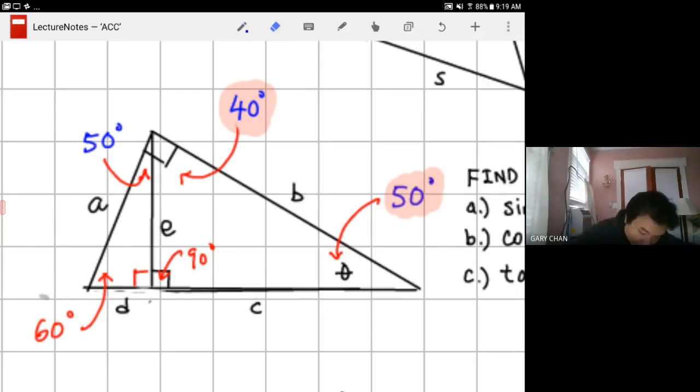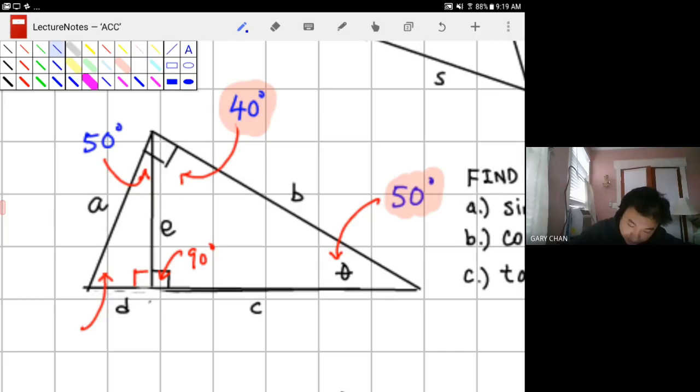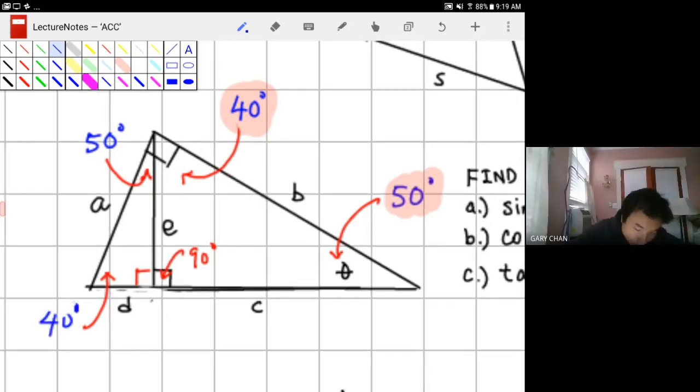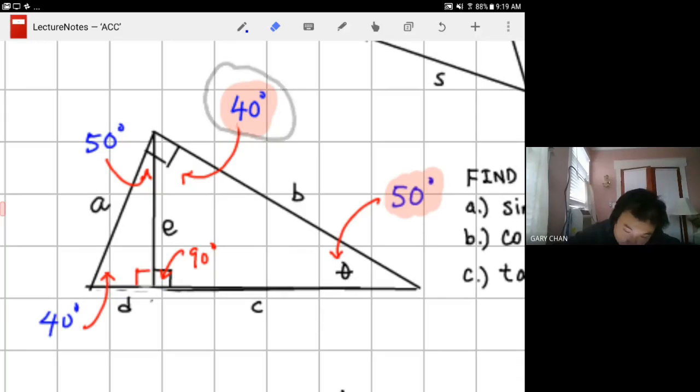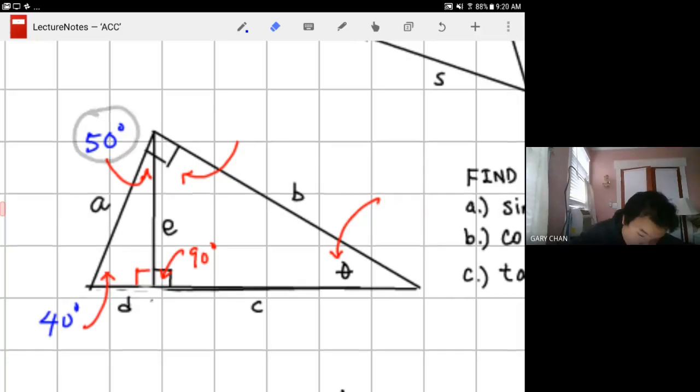And what would the angle down here, which was 60, now become, Emmett? It would also become 40. So all those things change, okay? Let's do that exercise one more time to drive this idea home. If I change one more time, right?